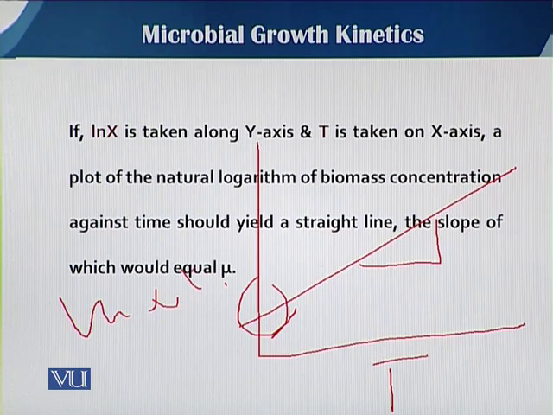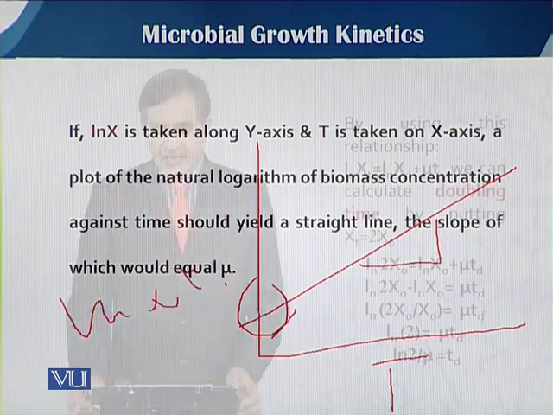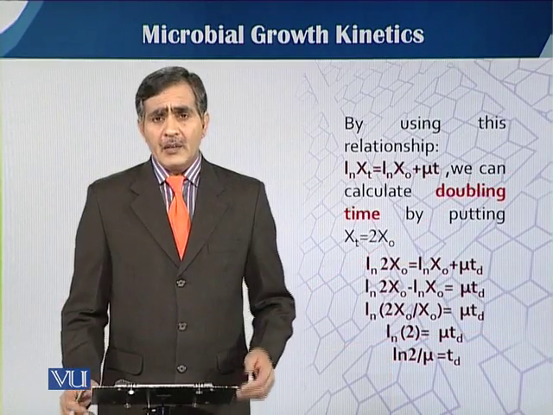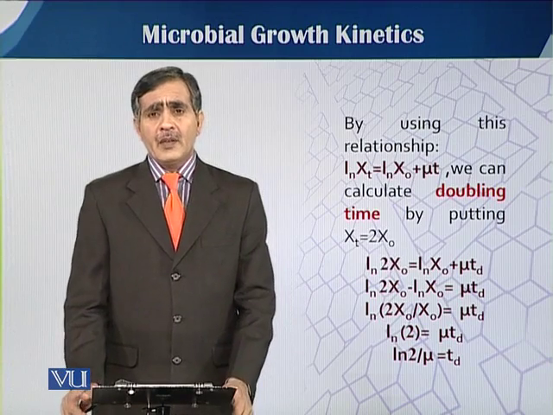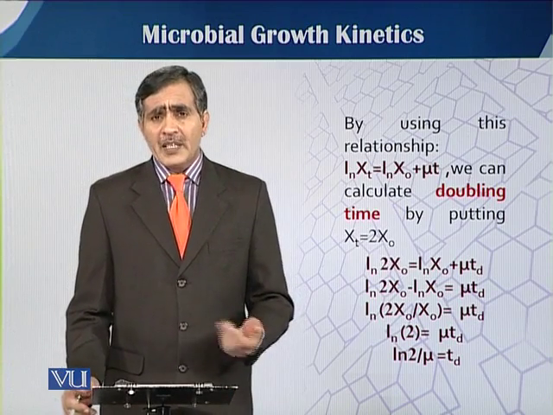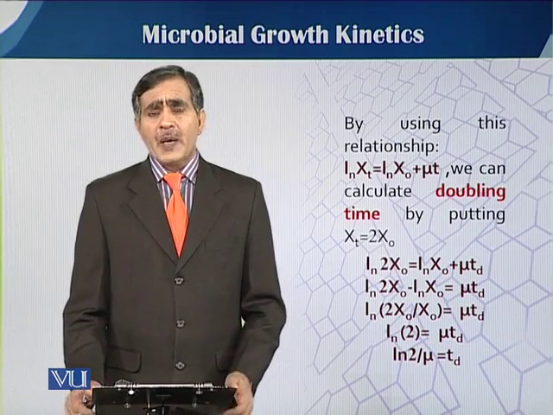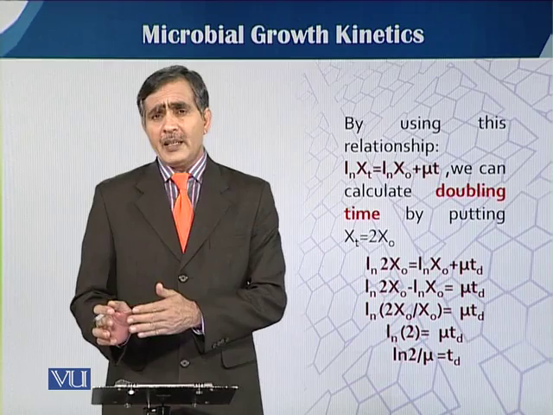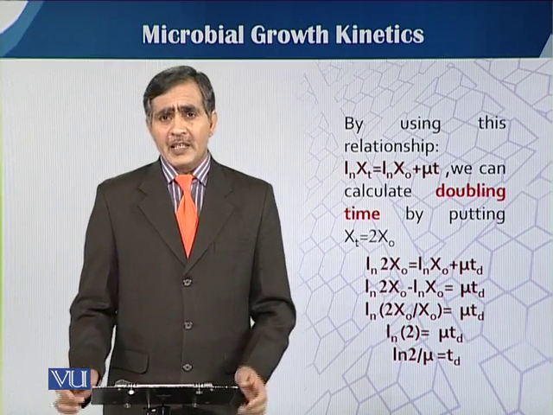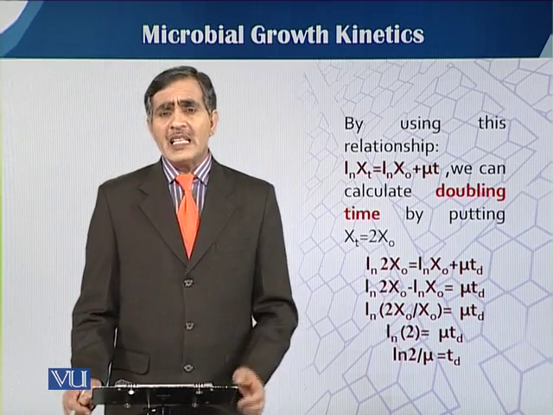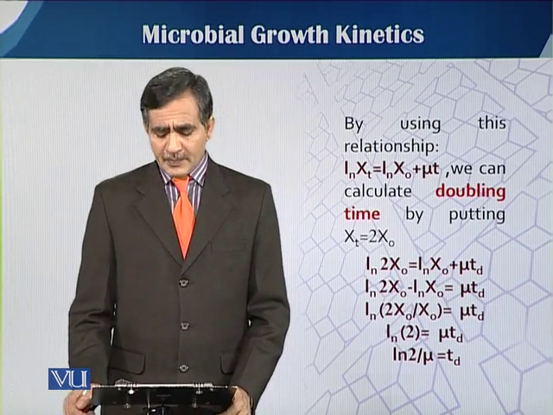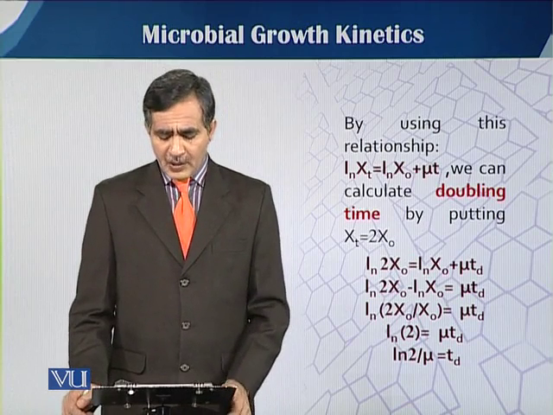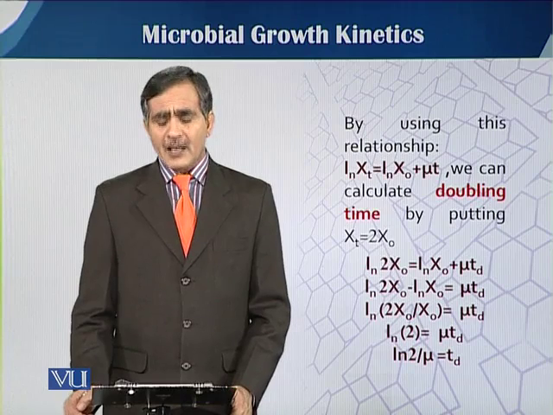So by this we can easily calculate mu. So mu becomes b, the slope of this line, which is actually the specific growth rate constant. As I already said in the previous module when we talked about the doubling time, by this equation we can easily calculate the doubling time just by putting the value xt equal to 2x naught.